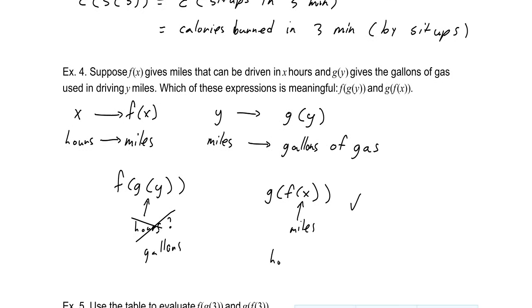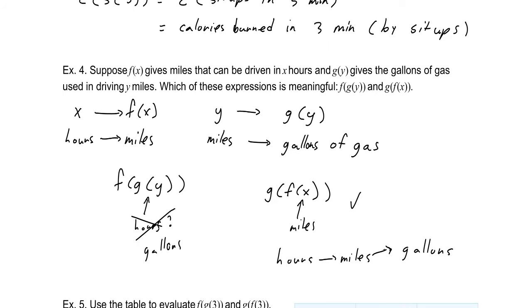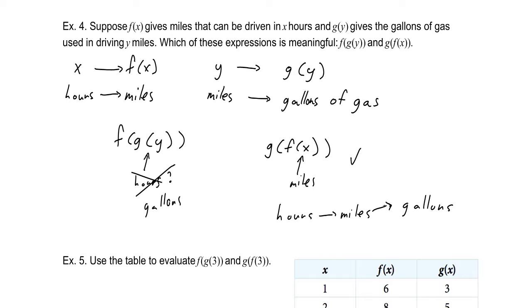Let's make a note of that: hours to miles to gallons. That is the process of g of f of x, and so that makes perfect sense. That means g of f of x is the meaningful one.